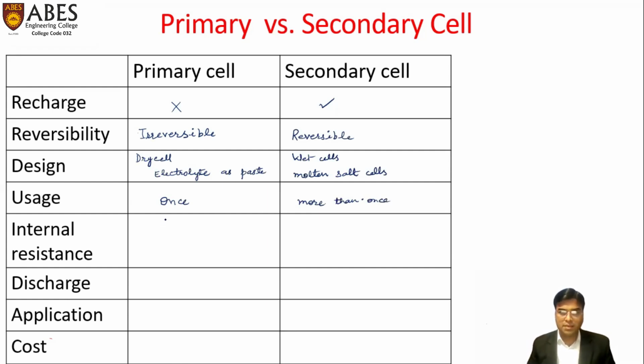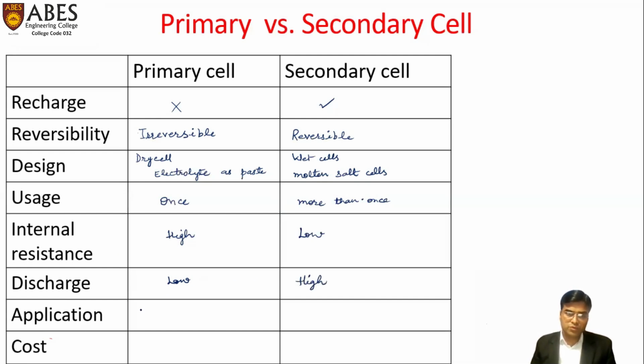Internal resistance in primary cells is high, whereas in secondary cells, internal resistance is low. Primary cells have slow discharge, whereas secondary cells have higher discharge.